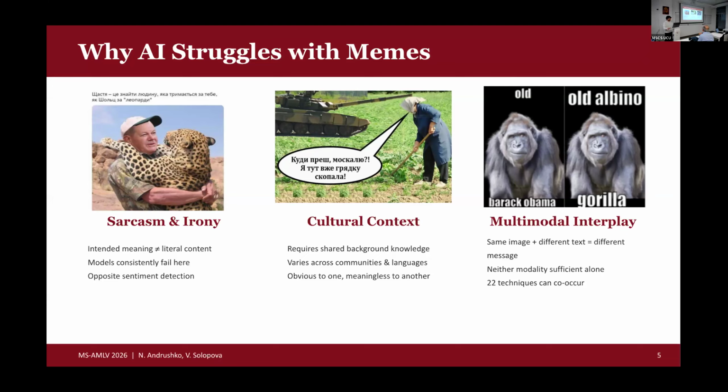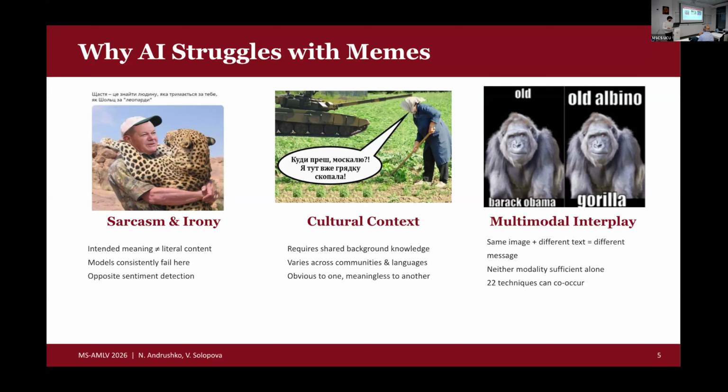The intended meaning of a meme does not equal the literal content of the text that we have there. A lot of models fail here. More advanced models do not, but it is expensive to use better quality models, and so on.